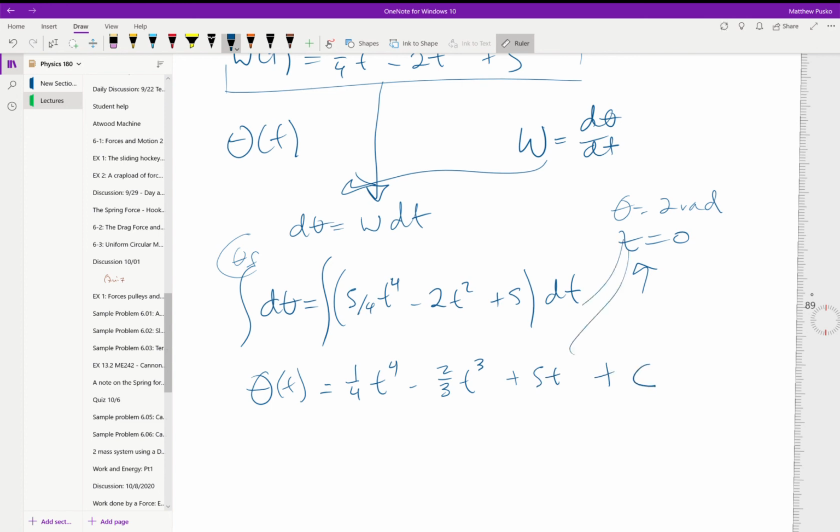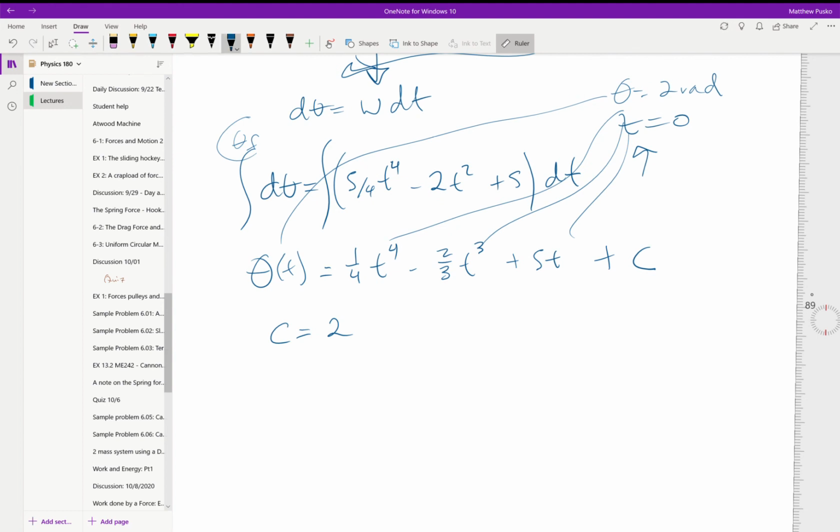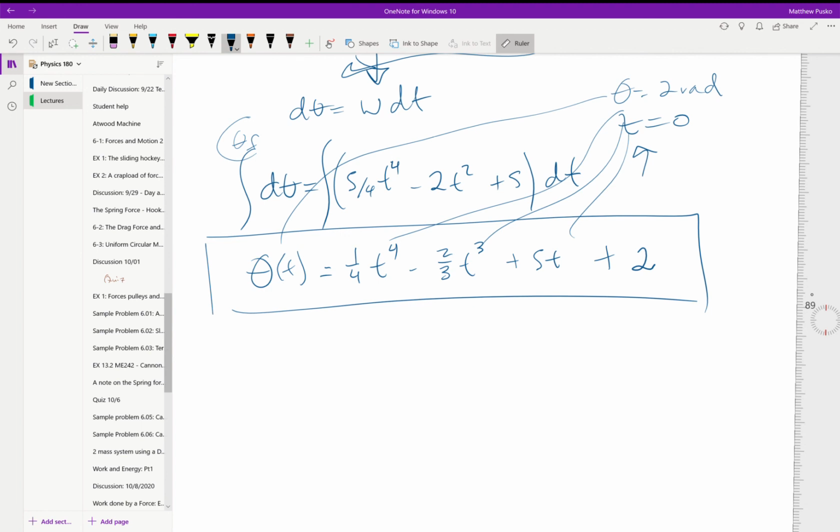So plug this in, plug that in, we can find out the constant is equal to 2. And our final expression for any time t would be this right here. If you want to know what angular position it is at 2.9 seconds, just plug in t. Okay.